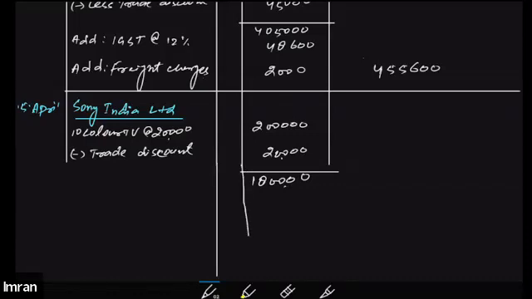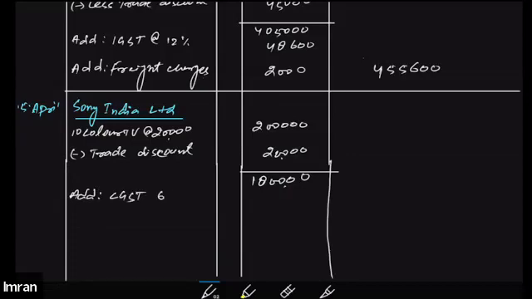We need to charge tax on this amount. Okay, let's do that. Adding CGST at the rate 6%, as well as SGST at the rate 6%.